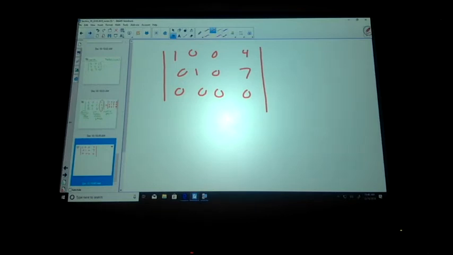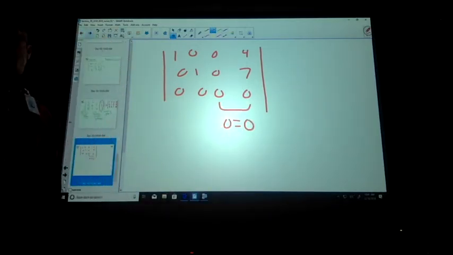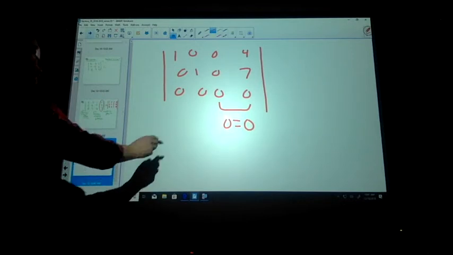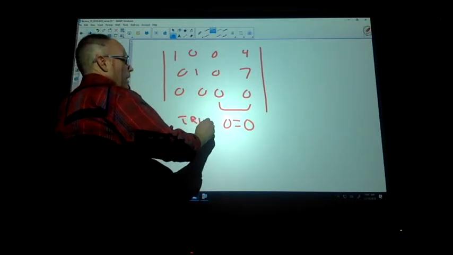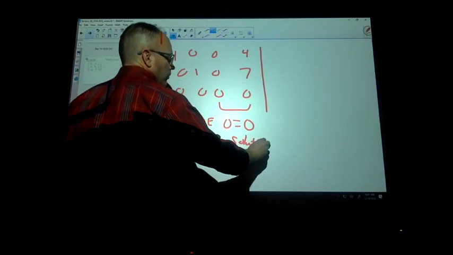Does anyone notice anything in the third row? I see zeros all the way across, correct? This means 0 equals 0. What can you tell me about 0 equals 0? What is 0 equals 0? Is it true or false? It's true. This would be one that would say we have infinite solutions.